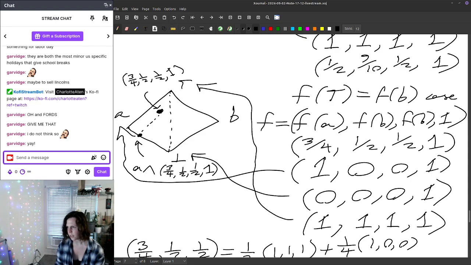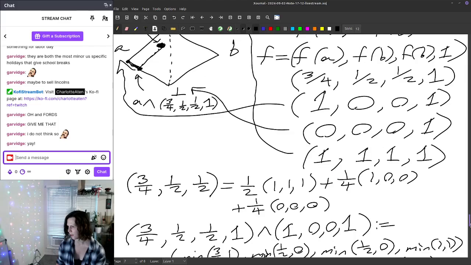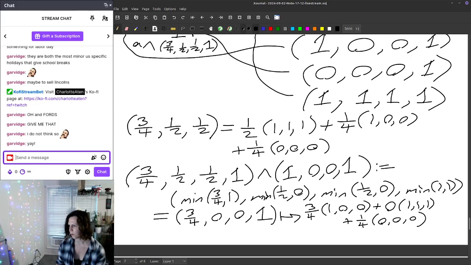And so it's like we found the thing that, if you think about doing the orthogonal projection, if you want, onto this, does lie below both A and this point in that point-wise ordering, right? What is this point? 3/4, 0, 0, 1.